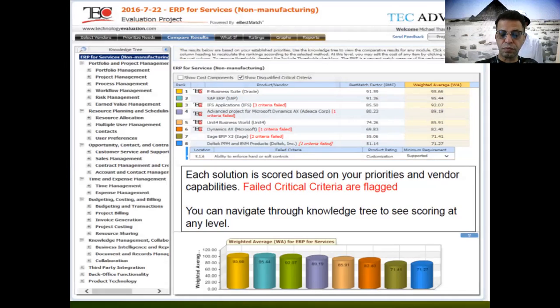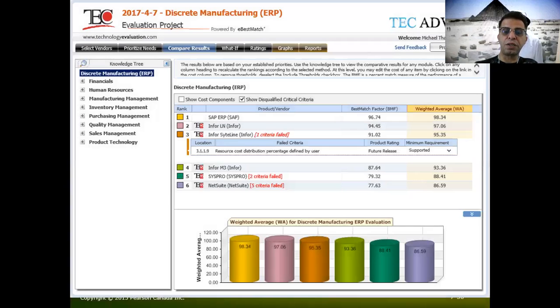So when you're looking at a module of financials, you set up your priorities, which functionality is worth what, and then it puts it together and cross-checks it with all the ERP or other applications available in the market, the major ones. It will tell you which one fits you best.